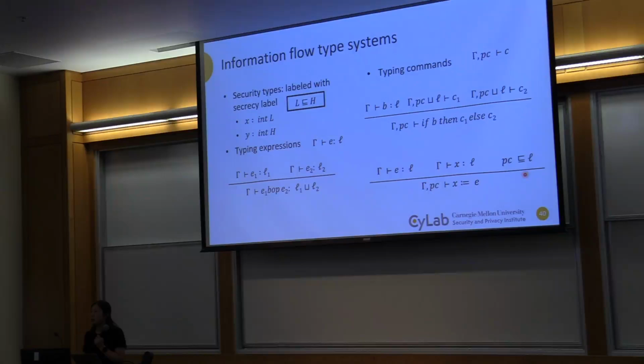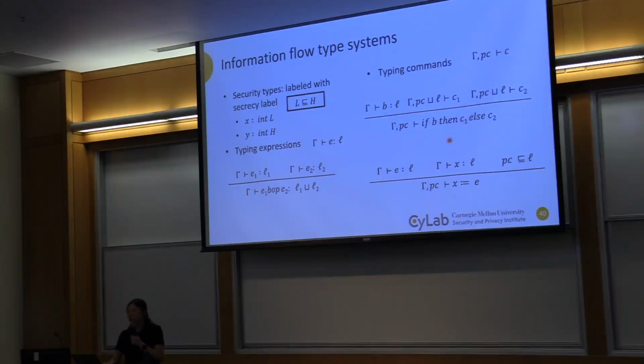Why isn't that side condition, that PC is less than L, present in the rule for if-then-else? I would expect it to be there somewhere. Basically, that's a different system. You can assign a level to the operation in C, assign commands a level, then check it here.